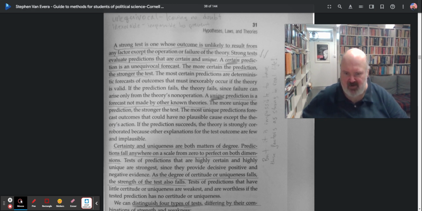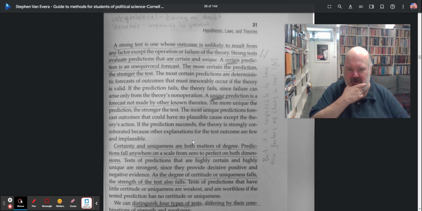If it has only this and nothing else, it is very high, and therefore, if it gets it, there's no other alternative that answers it. The other explanations for the test outcome are few and implausible, right?